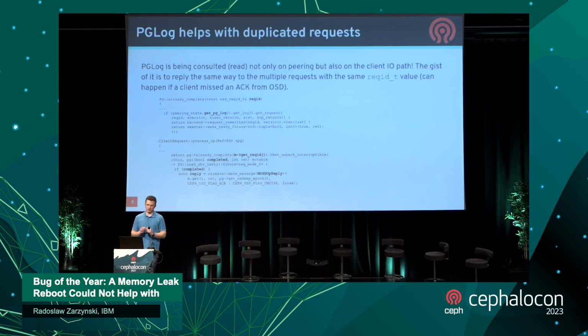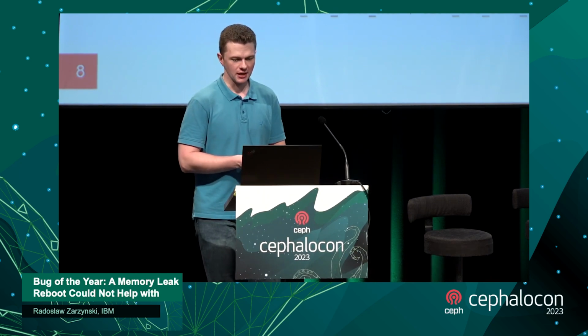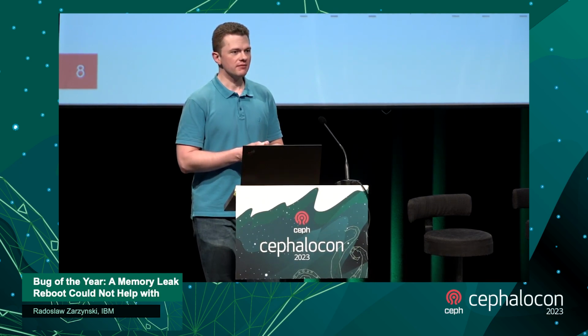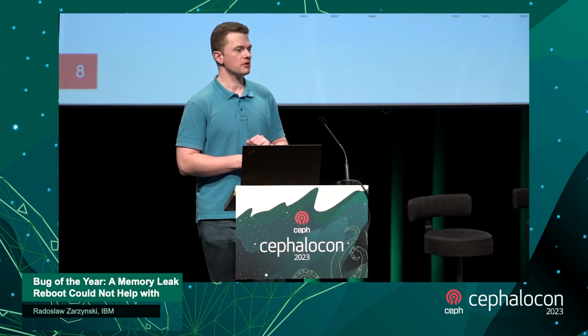The PG log is consulted not only when an OSD peers or handles recovery in general, it's actively consulted even on the hot IO path. When handling a write, the OSD looks up in the PG log by the key, which is basically the identifier of a single request sent by a client.